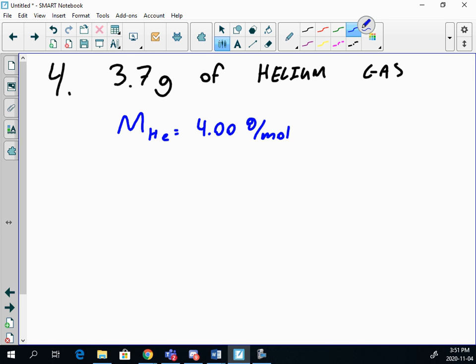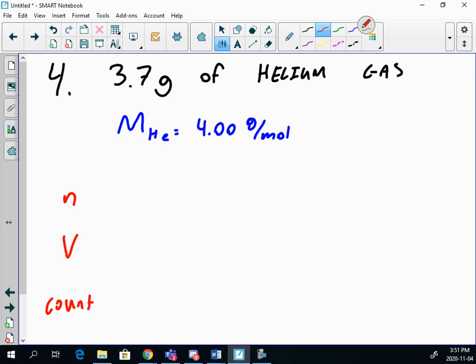Based on that, we can start to do some conversions. We know that ultimately, we need to find the number of moles, we need to find the volume, and we need to find the number of particles. And we have to decide where we want to start. Well, as it turns out, the best place to start is with the number of moles.